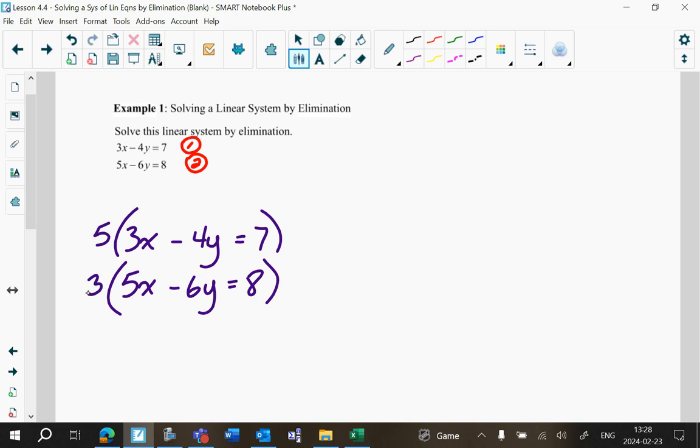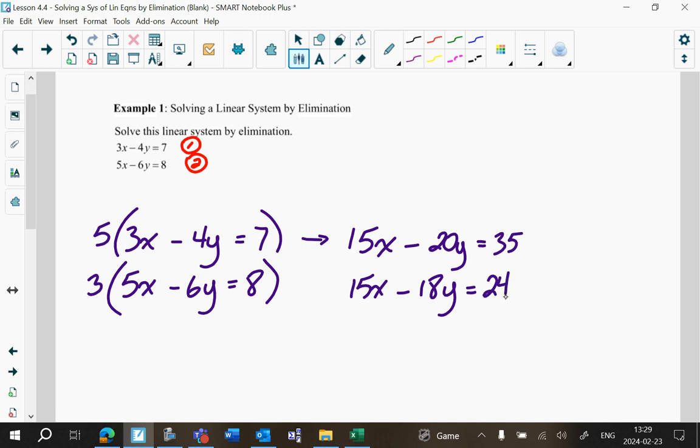So when you do that, you're going to get 15x minus 20y equals 35 for the top one. The bottom one's going to be 15x minus 18y equals 24.